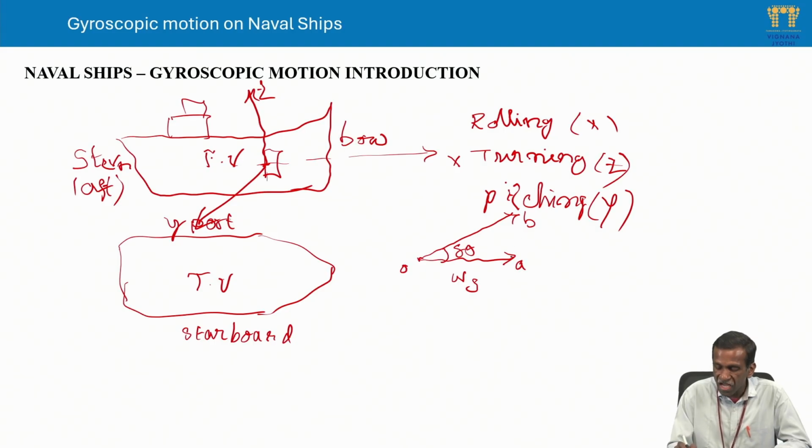Then delta theta angle rotated in delta t time, let us say. Then the change in angular velocity leads to angular acceleration. From that we can find the gyroscopic action or couple.